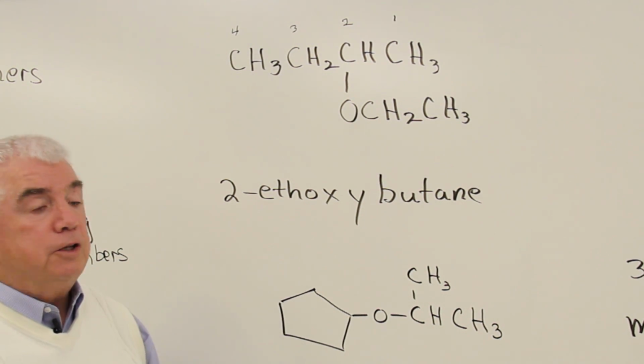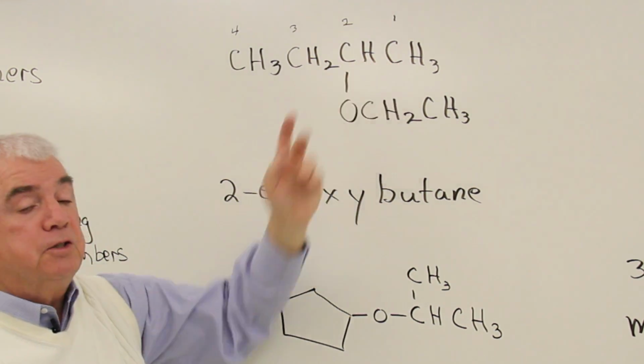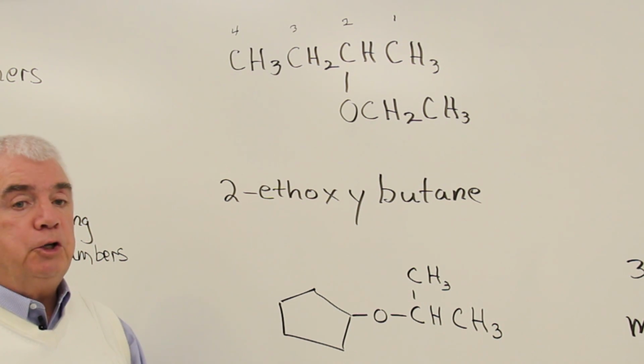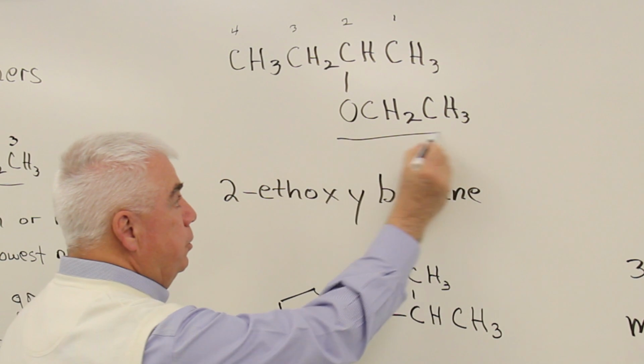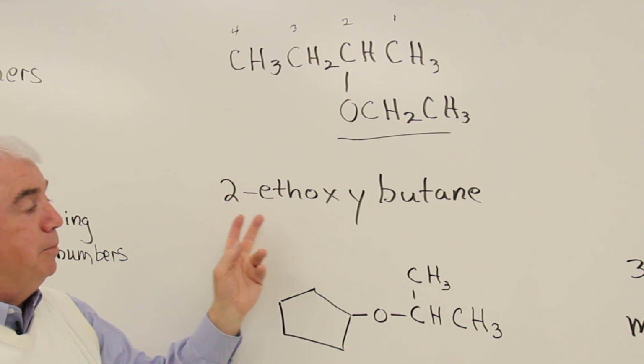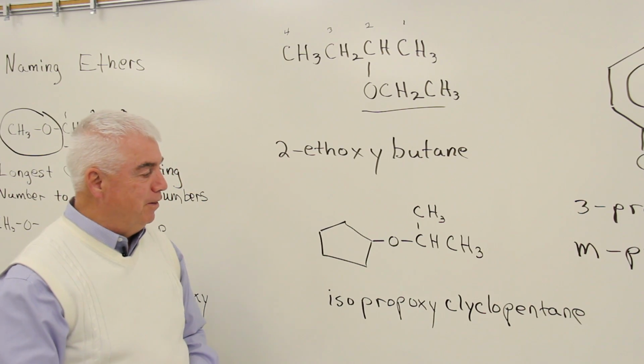We'll number the longest chain from the end closest to this branch. That means that we'll number from the right-hand side up there. At position 2, we have a 2-carbon group attached to that oxygen. So it's going to be an ethoxy. 2-ethoxybutane would be the name.